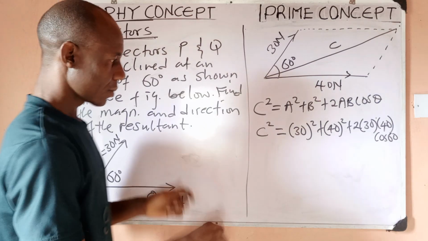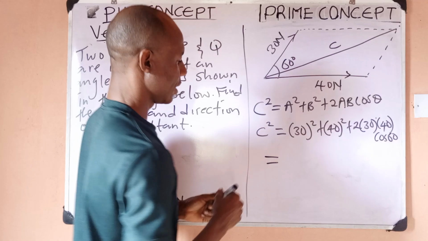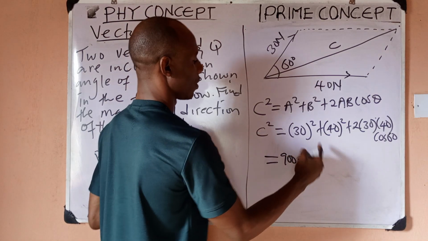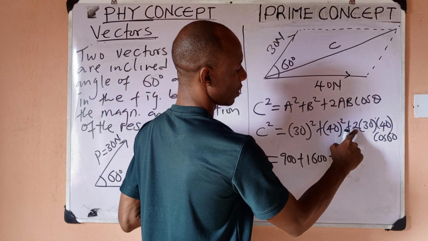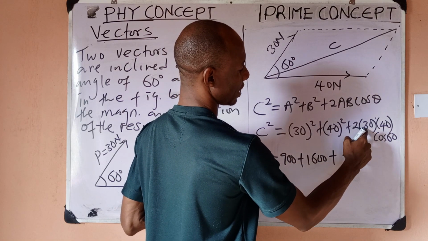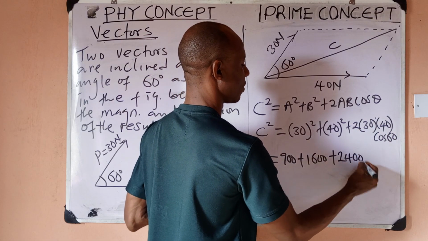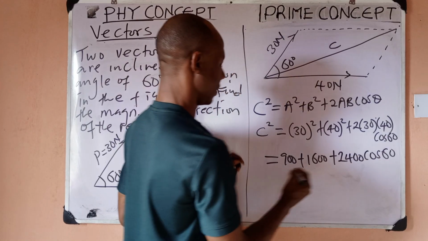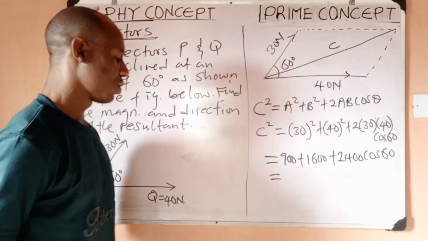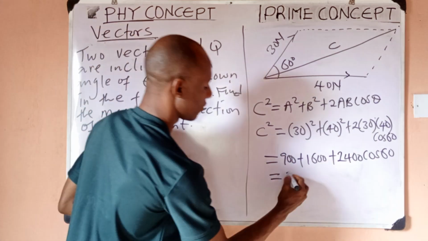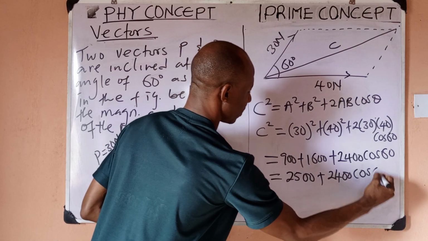So now this is going to give me 30 squared is 900 plus 40 squared is 1600 plus, this 2 times 3 is 6, 6 times 4 is 24, so 2400 cos 60. So how do you add this? Very simple. You add these two, which is going to give us 2500 plus 2400 cos 60.